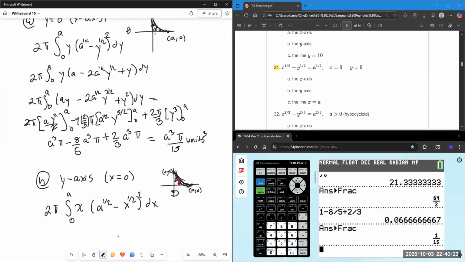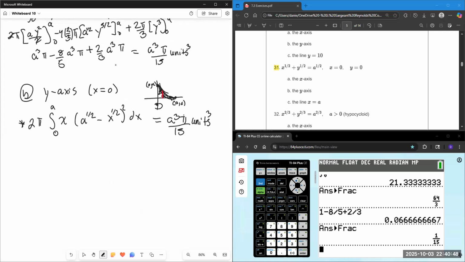Just want you to see that this step and this step are identical, just that all of my y's become x's. And so this is going to have exactly the same answer of a cubed pi over 15 units cubed. So no need to do all that work again.